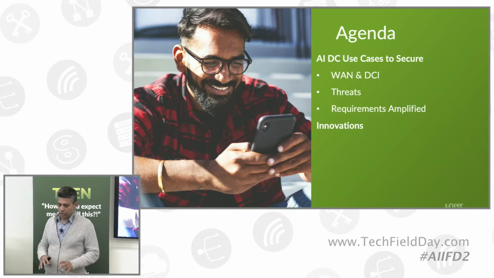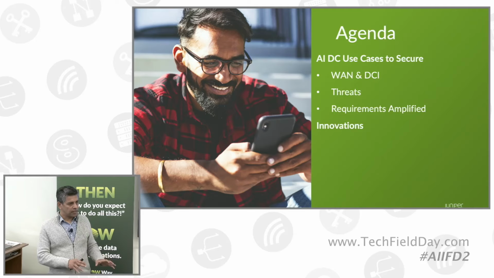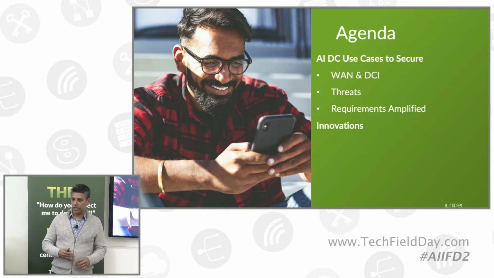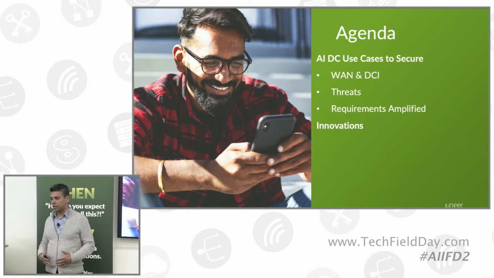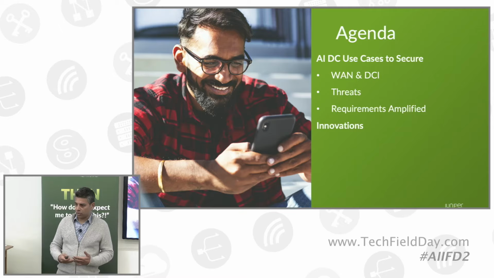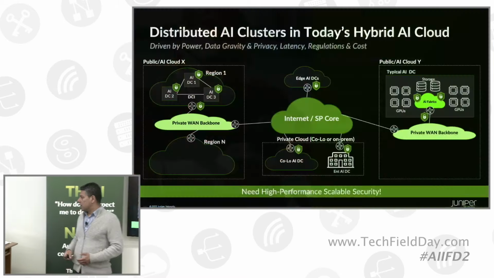And then one of the challenges we have when it comes to AI data centers is the fact that everything gets amplified. It's got more scale, more performance, more tenancy requirements, and so what have we done to help address some of these challenges? So that's the structure of what we'll follow today.